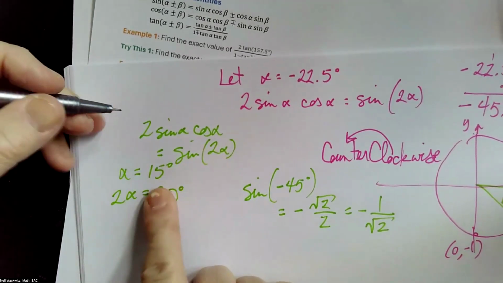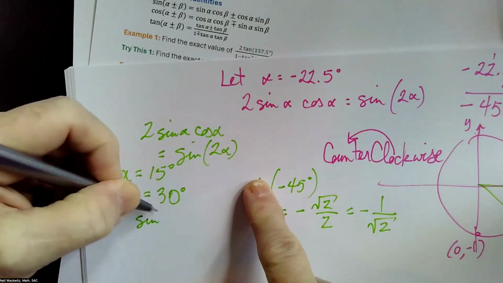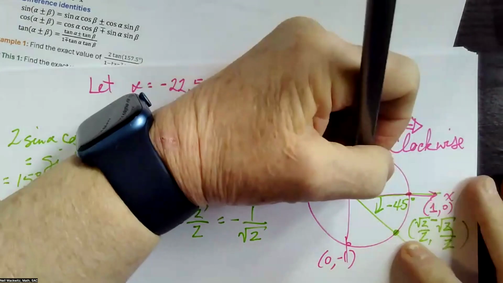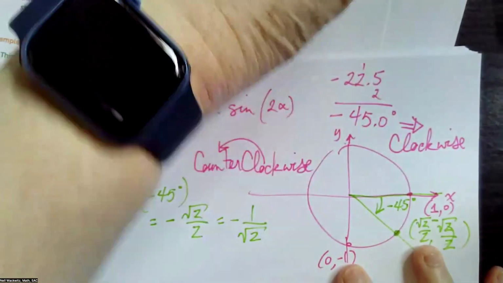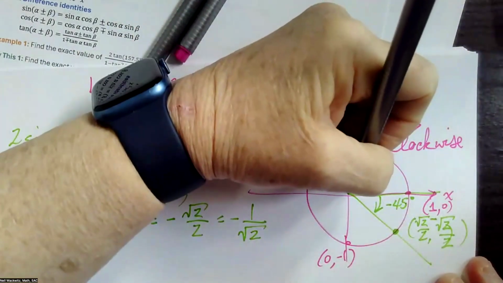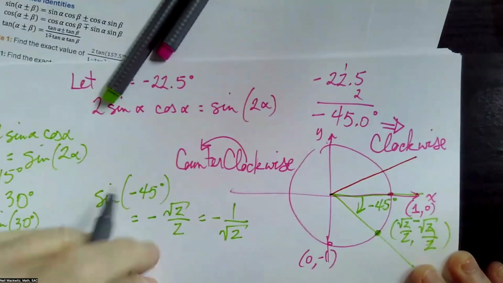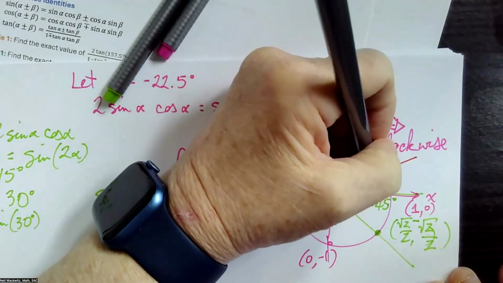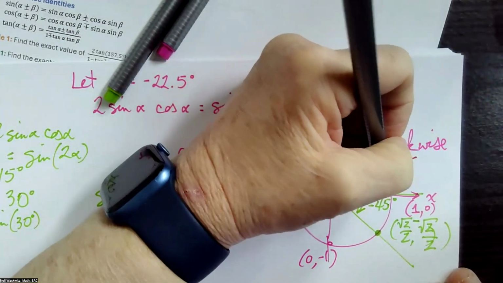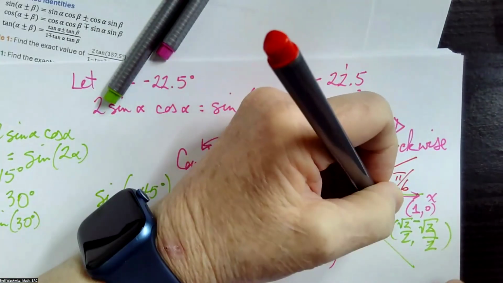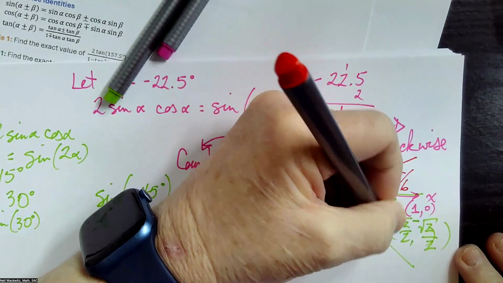So that means that we want to find the sine of 30 degrees. 30 degrees is 1/3 of the way. And 30, remember, is the same as pi over 6. 45 is the same as pi over 4.